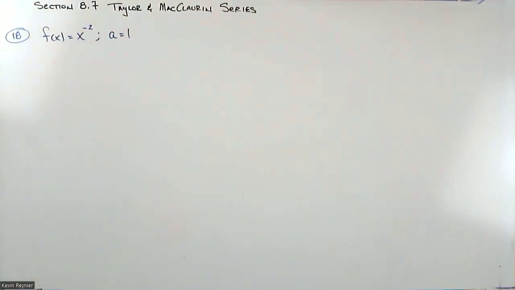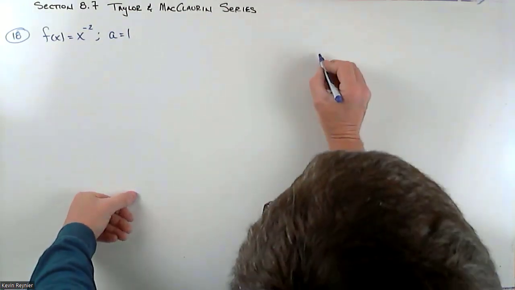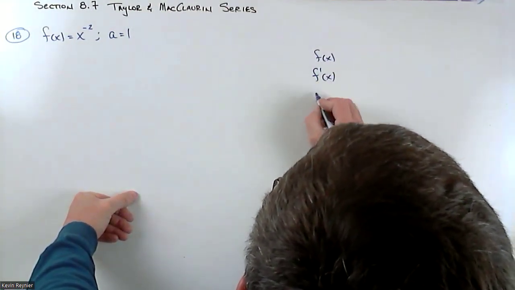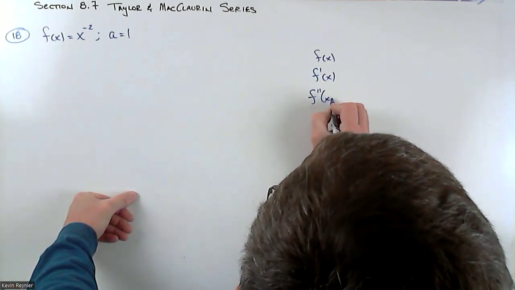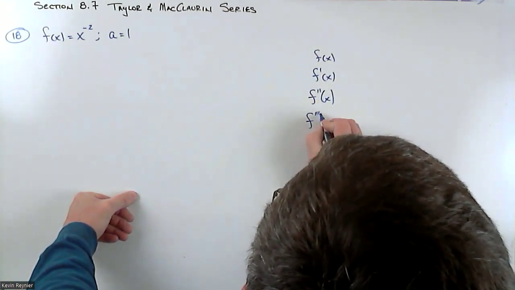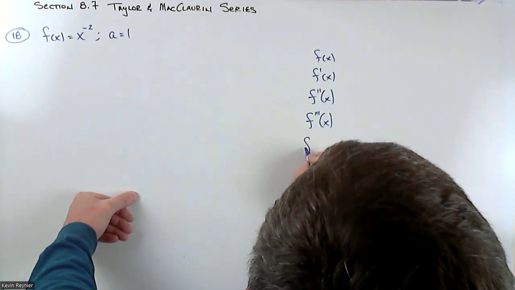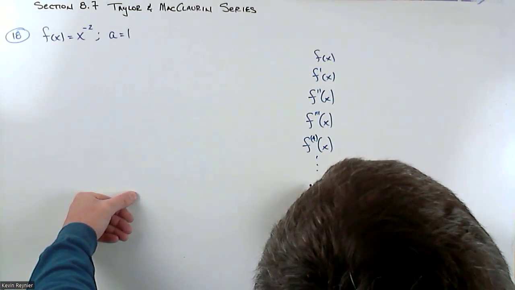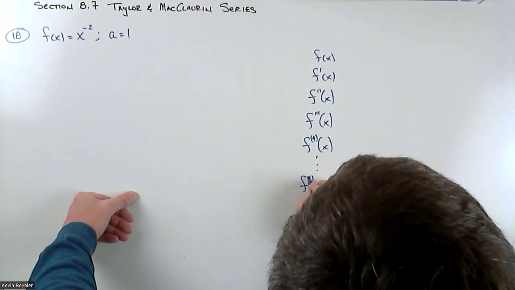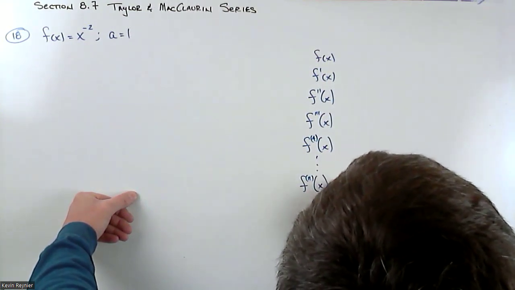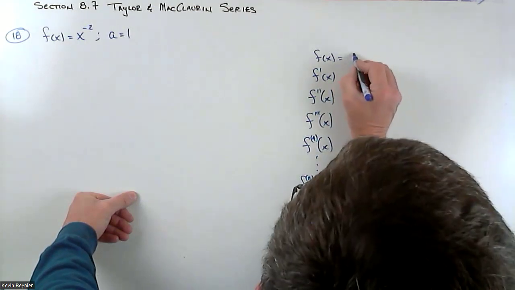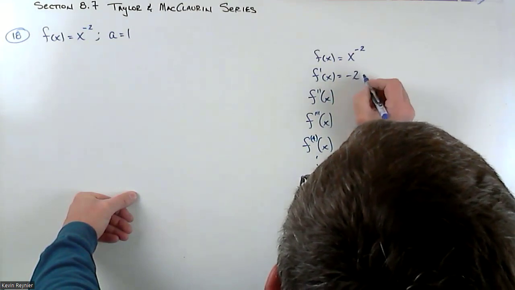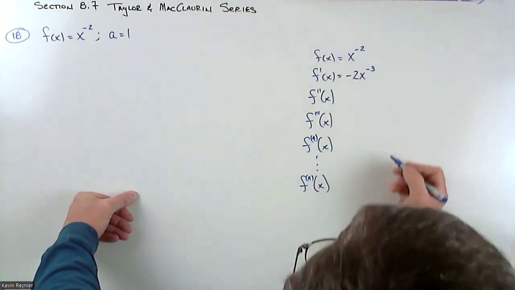So again, we begin the same way as before. We're going to come over here and find all of our derivatives, with the goal being to find the nth derivative. So our function is x to the -2. When we take the derivative of that, we get -2x to the -3.